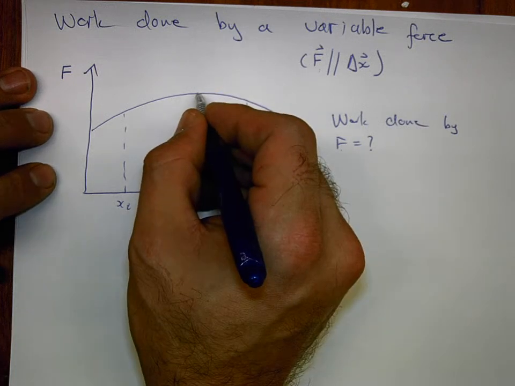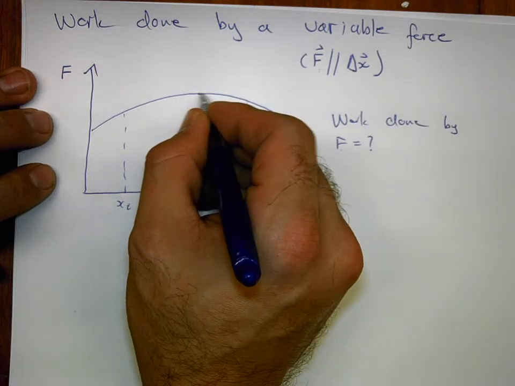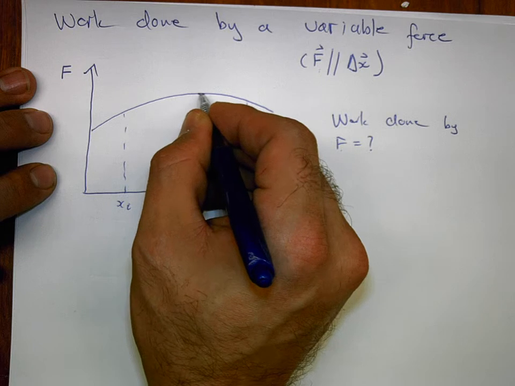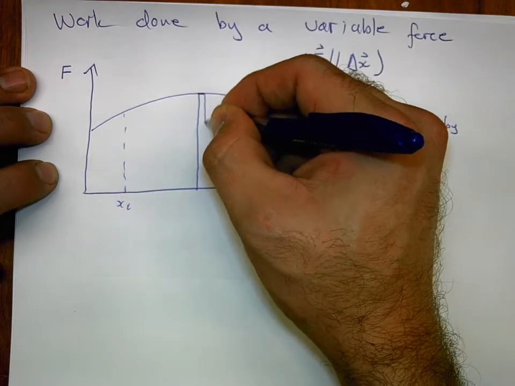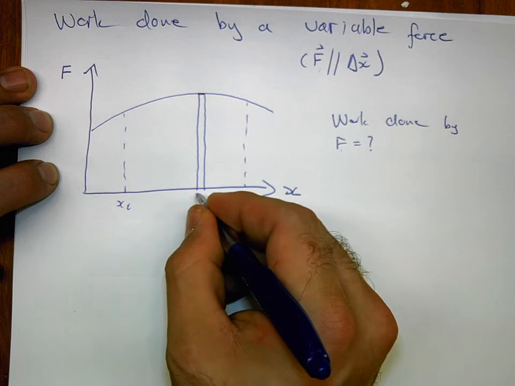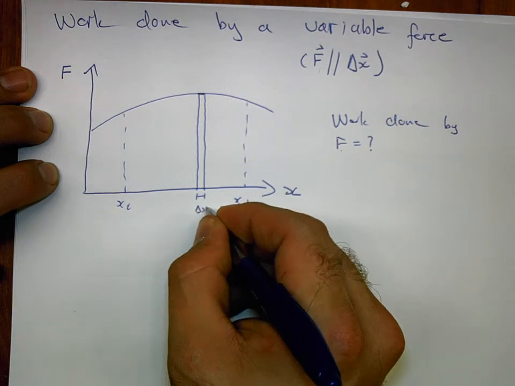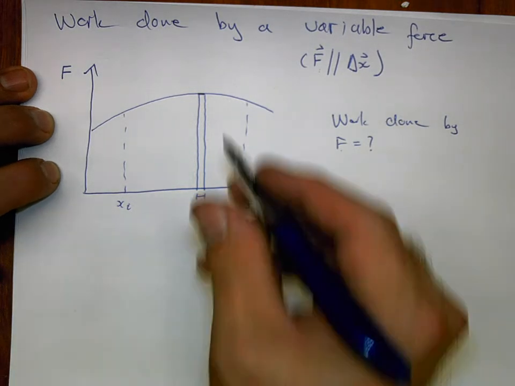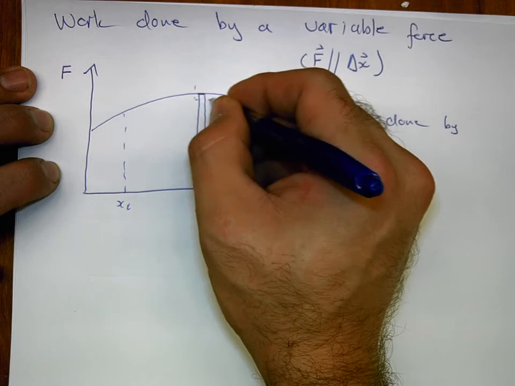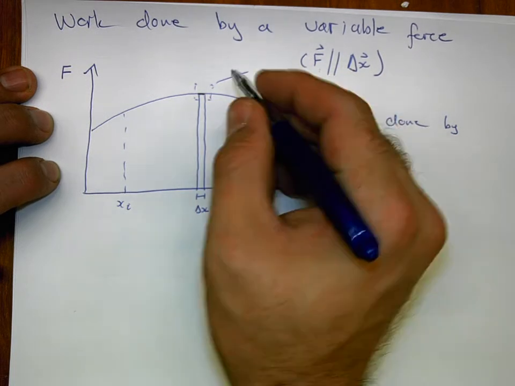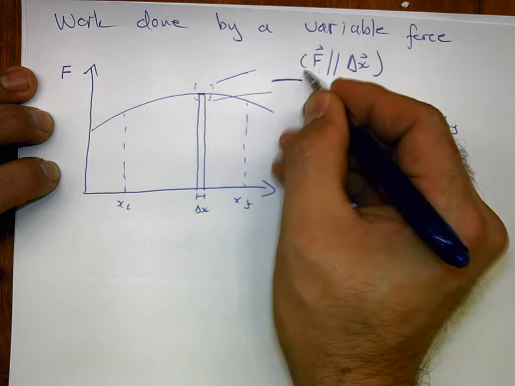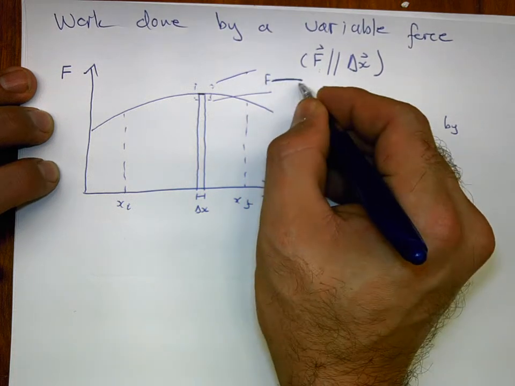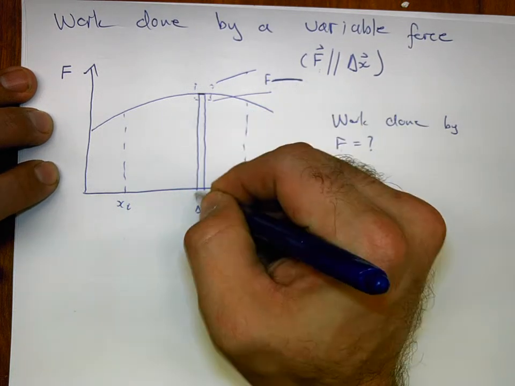Let's look at a small segment. Over there the curvature is very little. So if we were to look at a very small section, so we're looking at a tiny displacement delta x, and if I were to zoom in on that, I would find that the magnitude of the force doesn't change a lot over this interval.